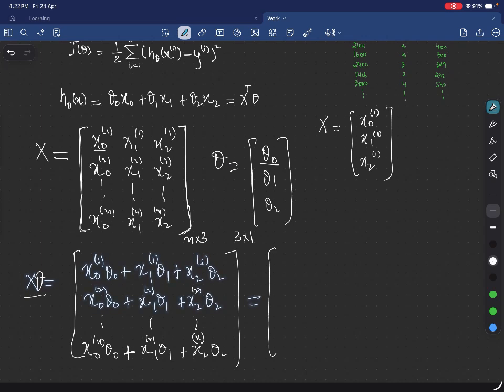We can write this as x of the first training example transpose theta. Similarly, x of the second training example transpose theta. Similarly, xn transpose theta. So this is our x theta matrix.